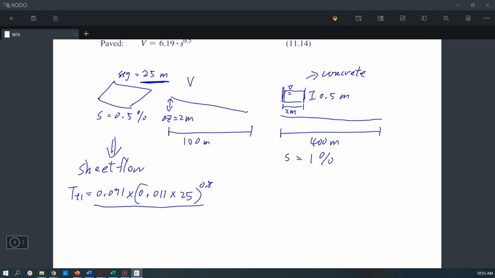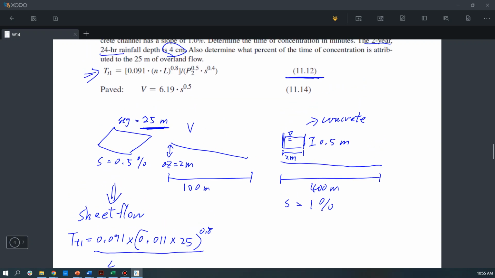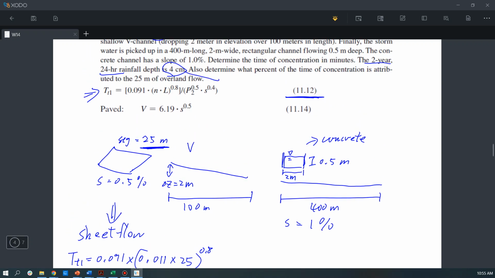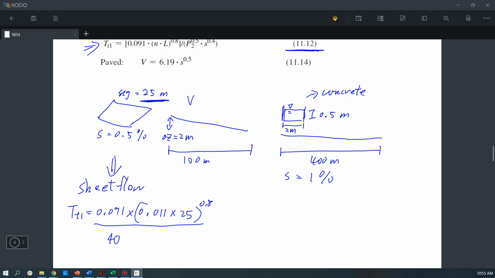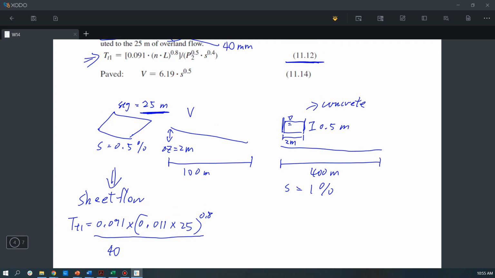Divide by P, which is equal to 40 millimeters. Okay, so 40 to the power of 0.5 times the slope, which is 0.5%, that is 0.005 to the power of 0.4.